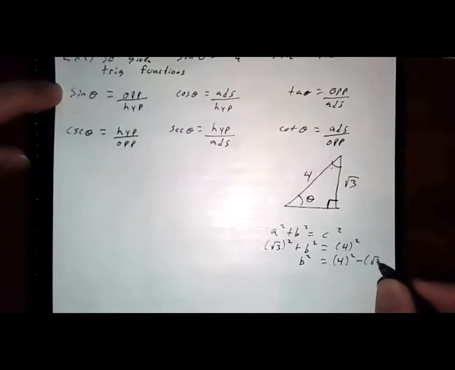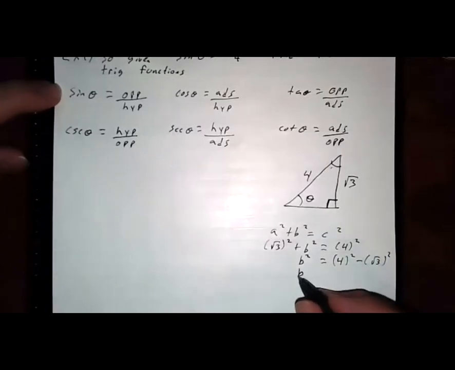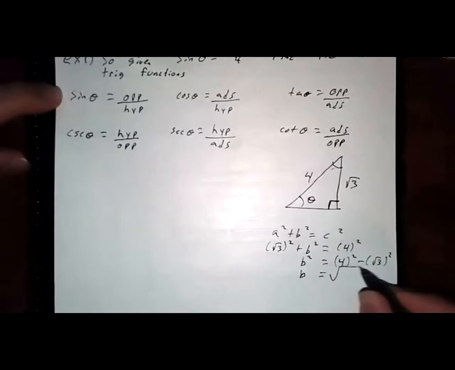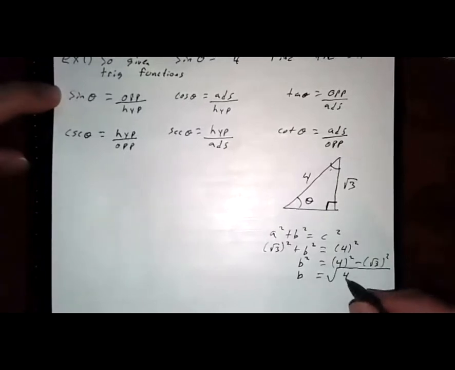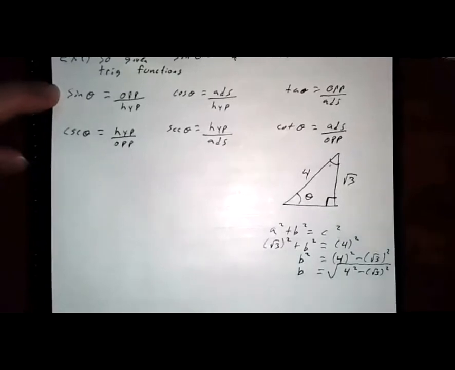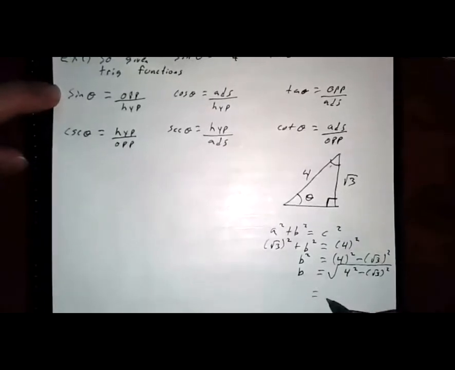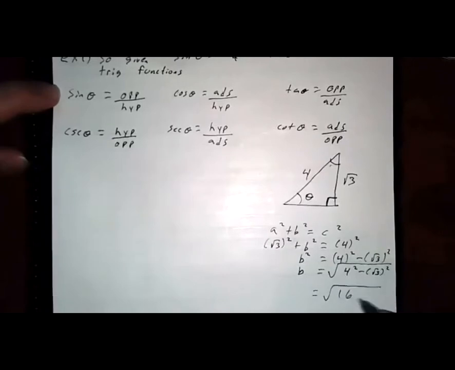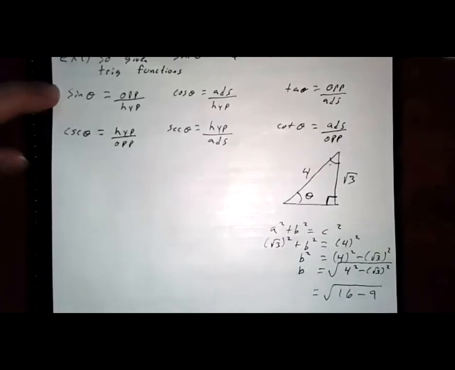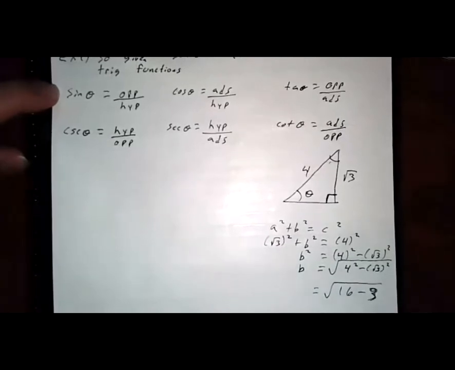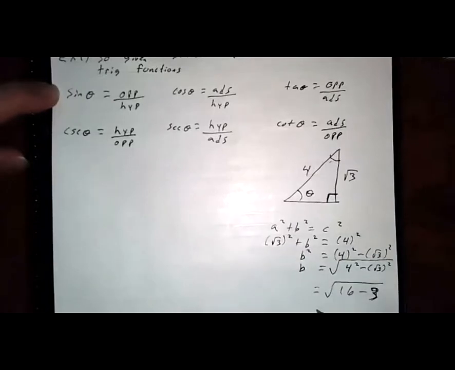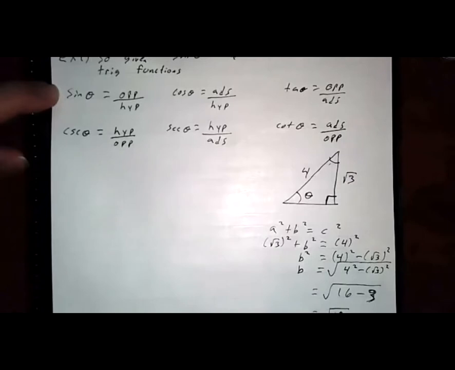Is that okay? So then b would be the square root of 16 minus 3, which is square root of 13.